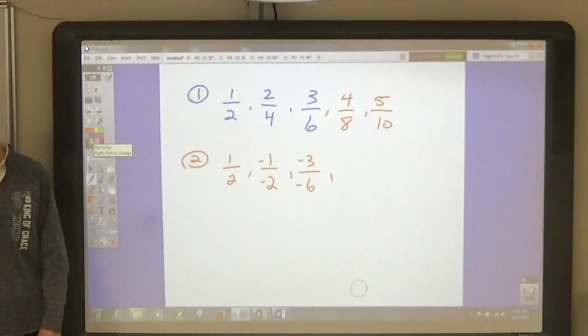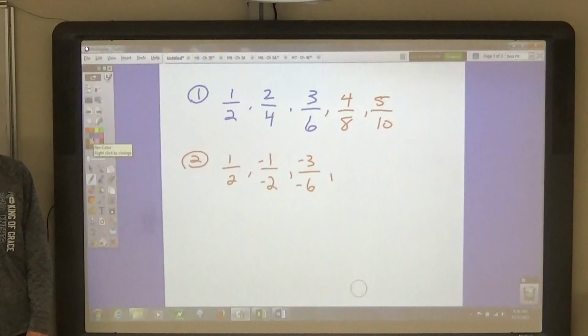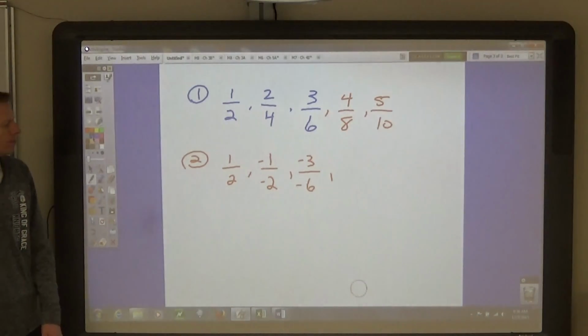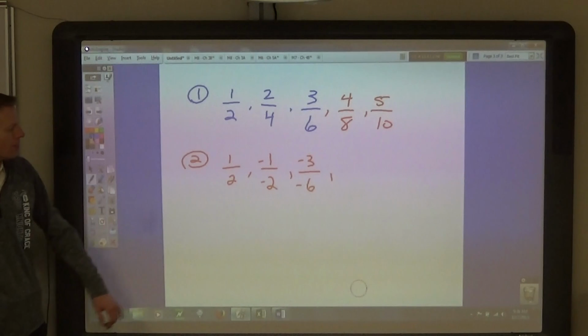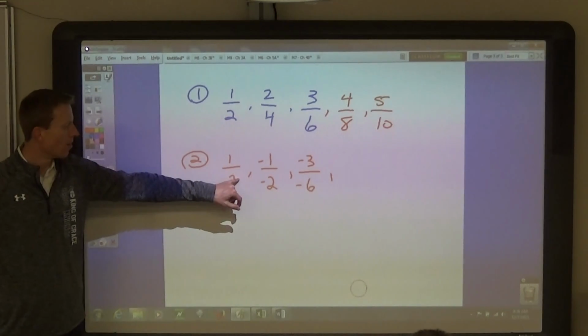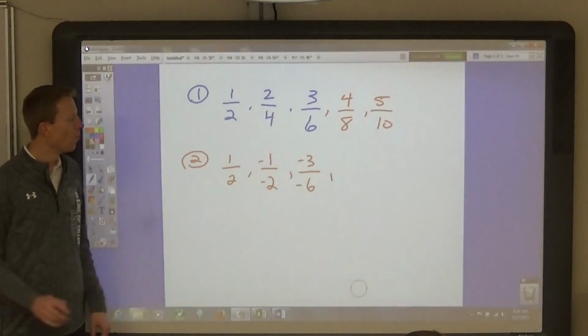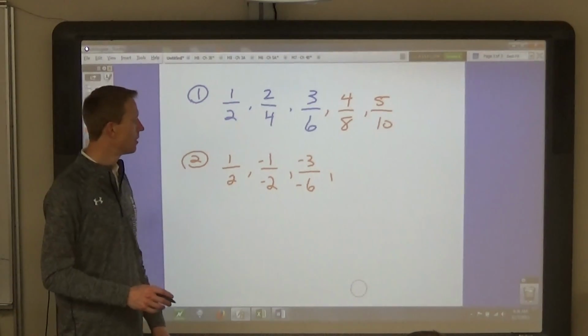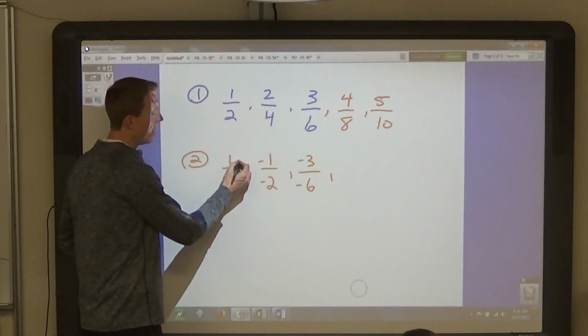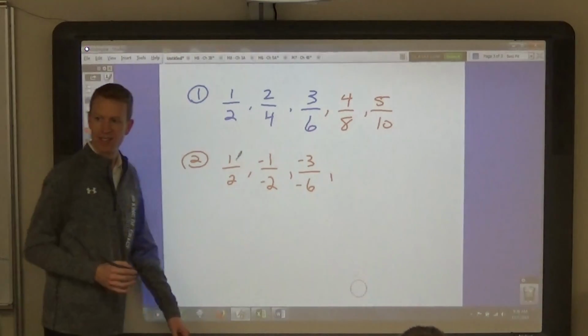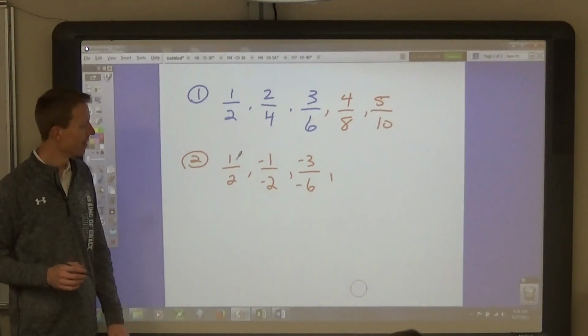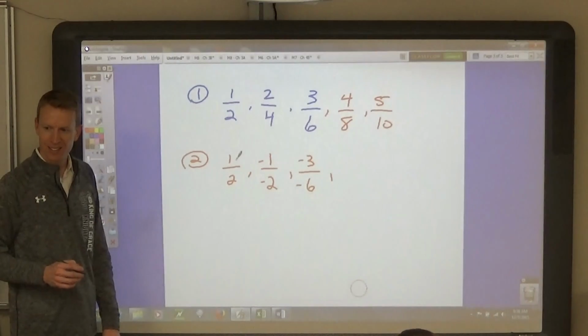What would we get next? We get negative 4 eighths, right? Well, what can we use? What if we? It would be positive 3 and positive 6.